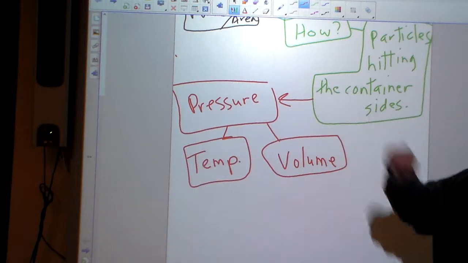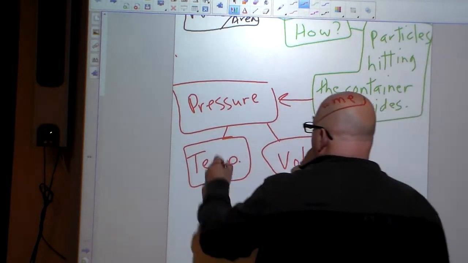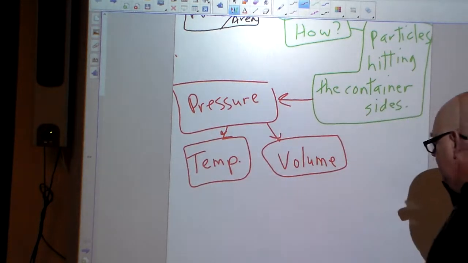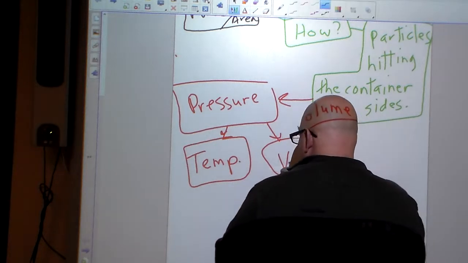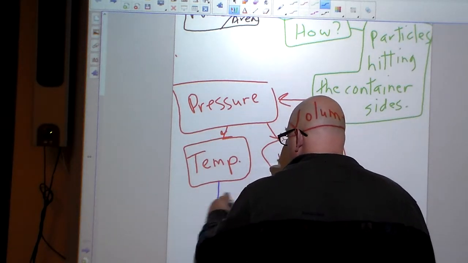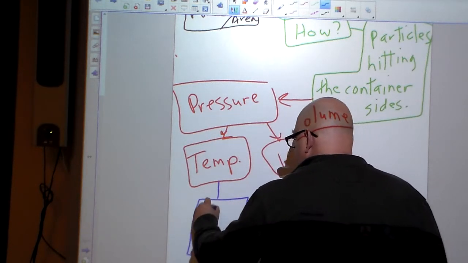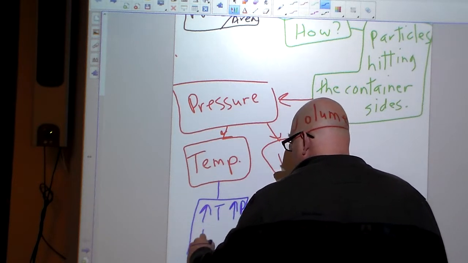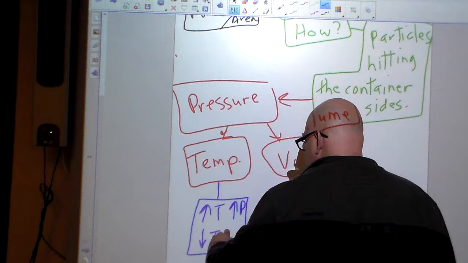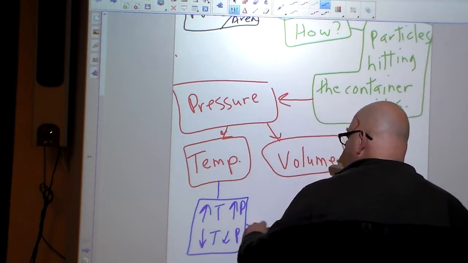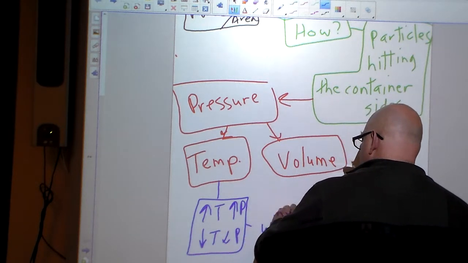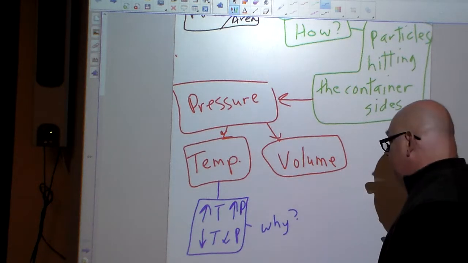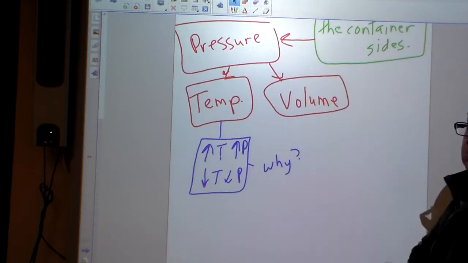How do they affect the pressure? For temperature, normally, if you increase the temperature, you increase the pressure. Decrease the temperature, you decrease the pressure. But why? That would be an important question. Why would that matter, basically?